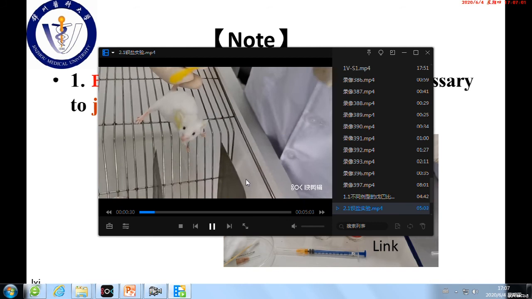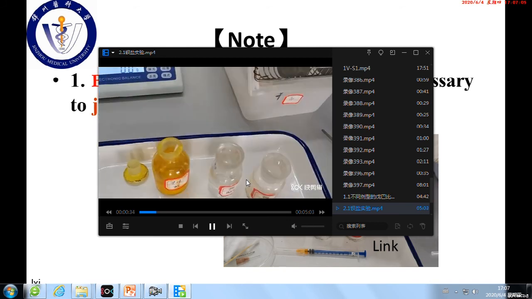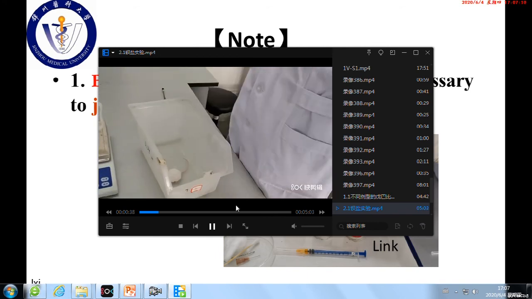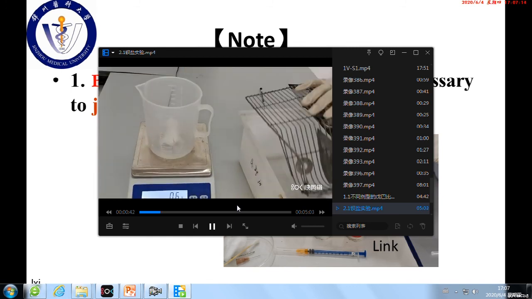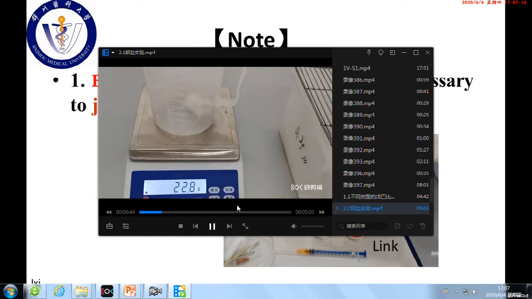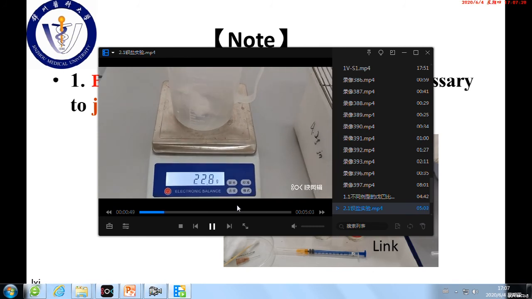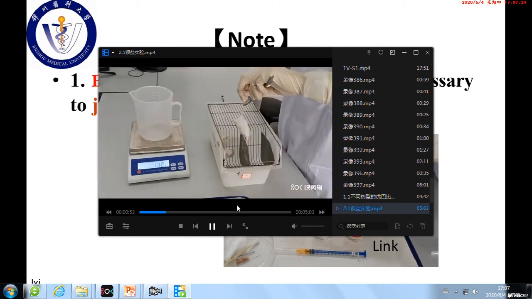Apply this yellow solution at the right side of its body. This is number 3. This one is 23 grams, based on rounding value.